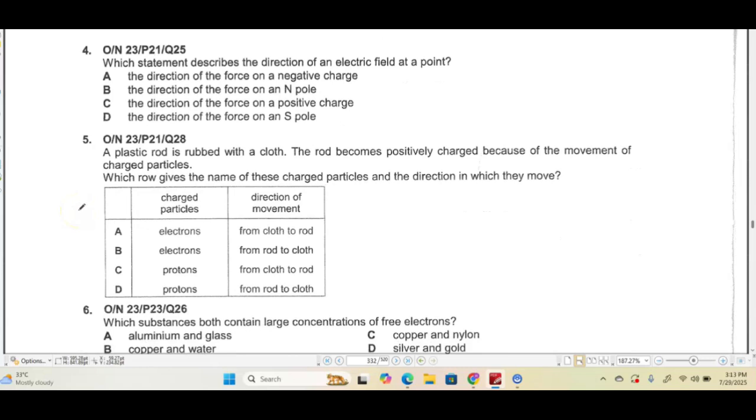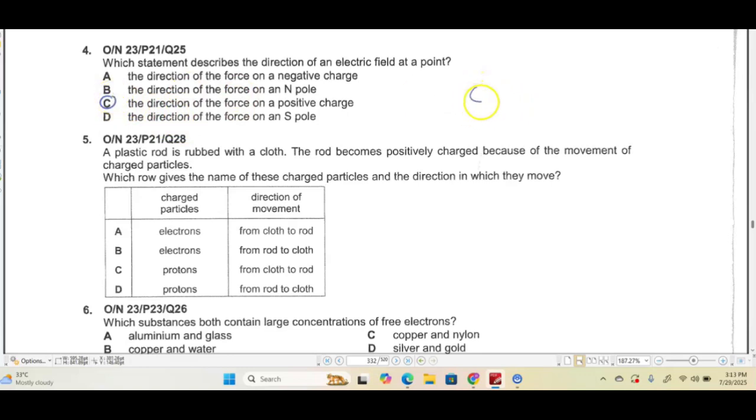Question number 4. Which statement describes the direction of an electric field at a point? The direction of electric field is the direction of force on the positive charge. Okay, it is always the same.